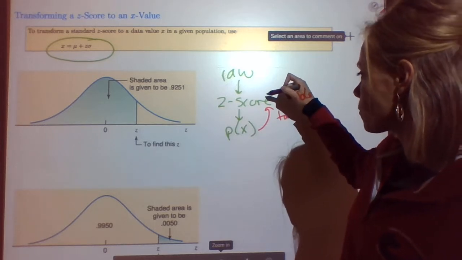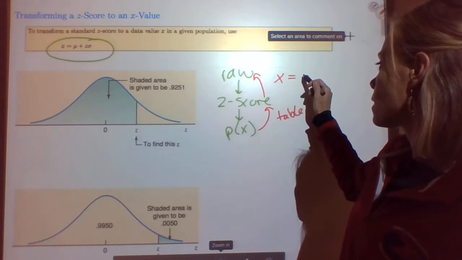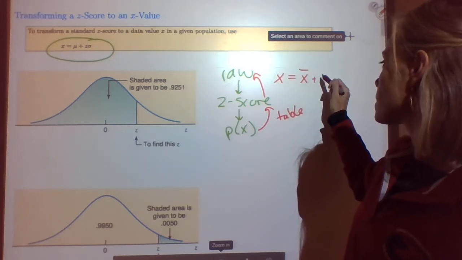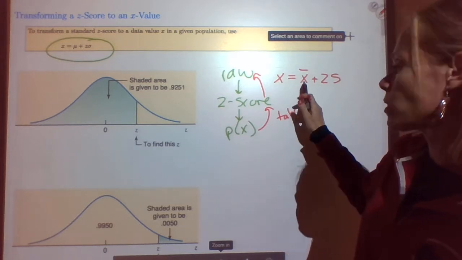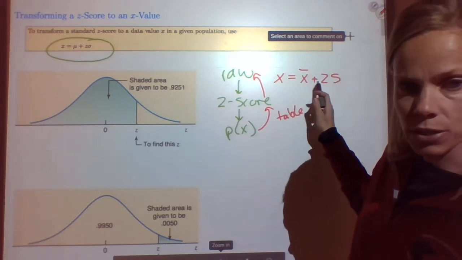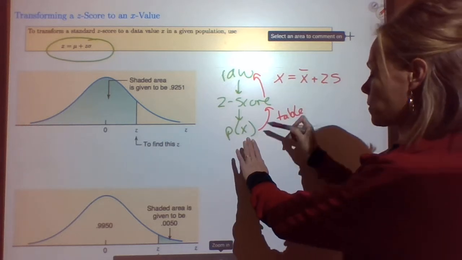And then to go from z-score to raw score, I have to use this formula. I take the mean plus z times the standard deviation. Again, I still need mean and standard deviation in order to compute this, but now I'm going backwards.